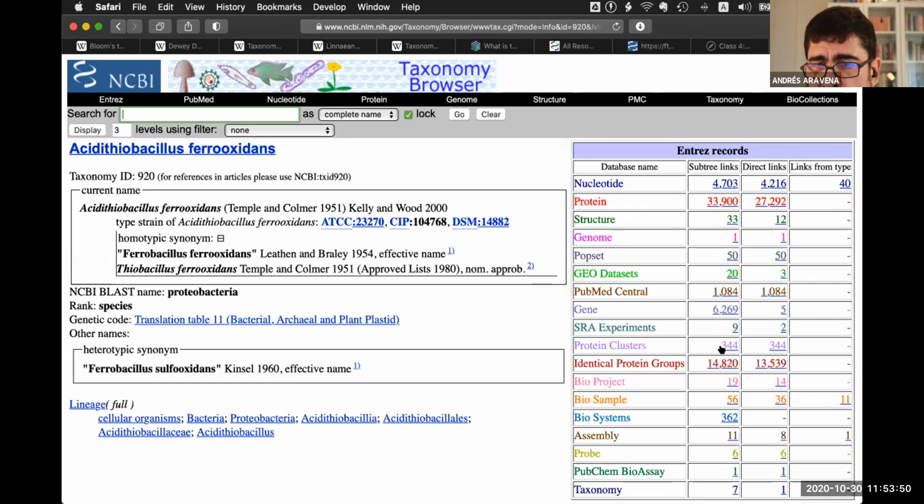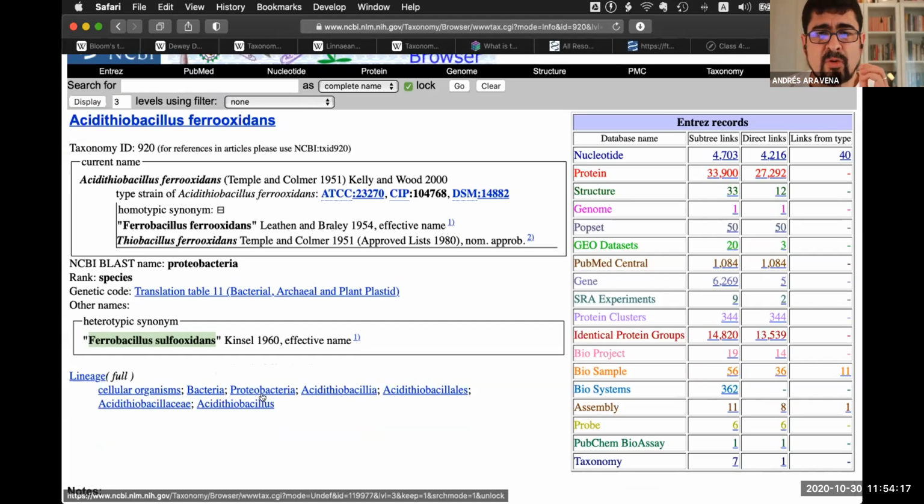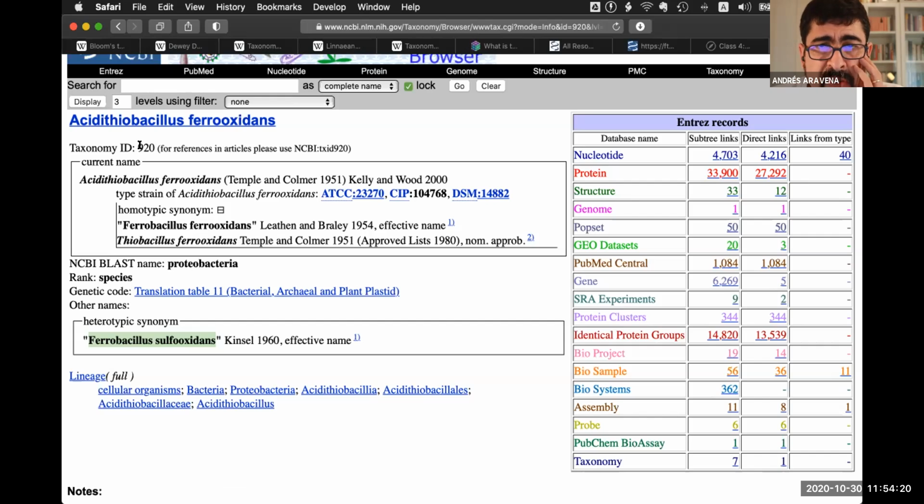Next class I'm going to discuss this in a little more detail, but the point is that some are associated with the species and some are associated with the strains. There are other names that we have historically, Ferrobacillus sulfoxidans, as you see. So names can change with time, classification will change with time. So to me, the safest way is to keep this number.